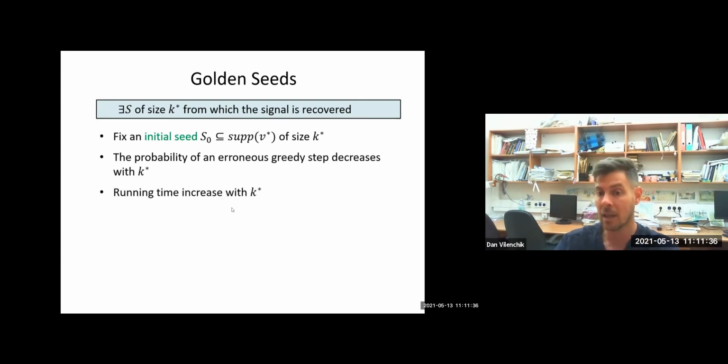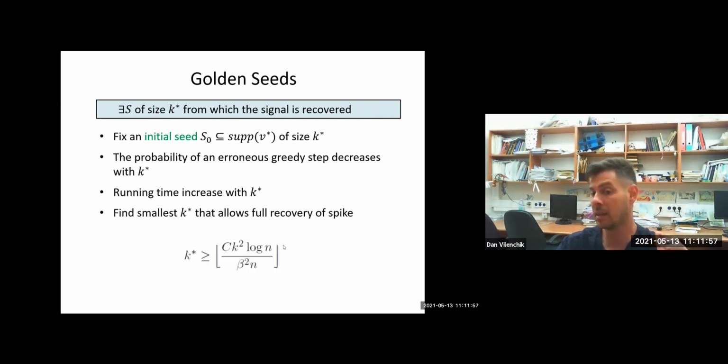On the other hand, as you increase the seed, you increase the running time. And then you want to find the balance, the minimal K star that allows correct reconstruction, because we want the accuracy to be 1 or 1 minus epsilon, right? Because in this paradigm, we always want to succeed. And this is the number, we'll see it in a second graphically.